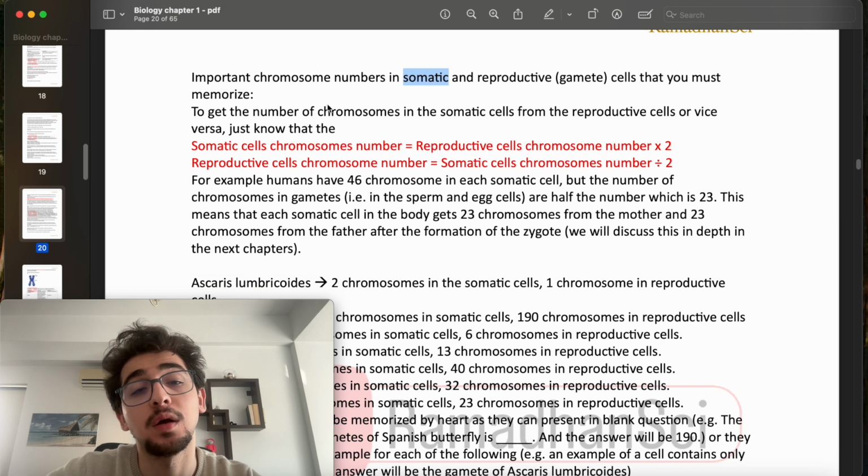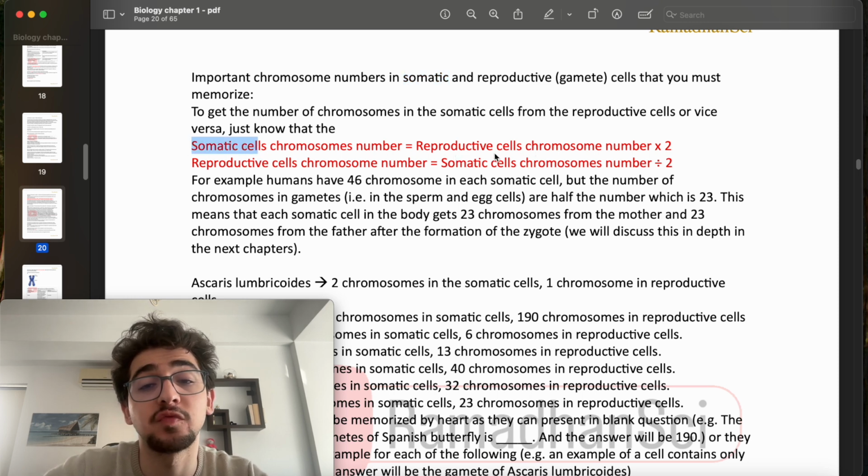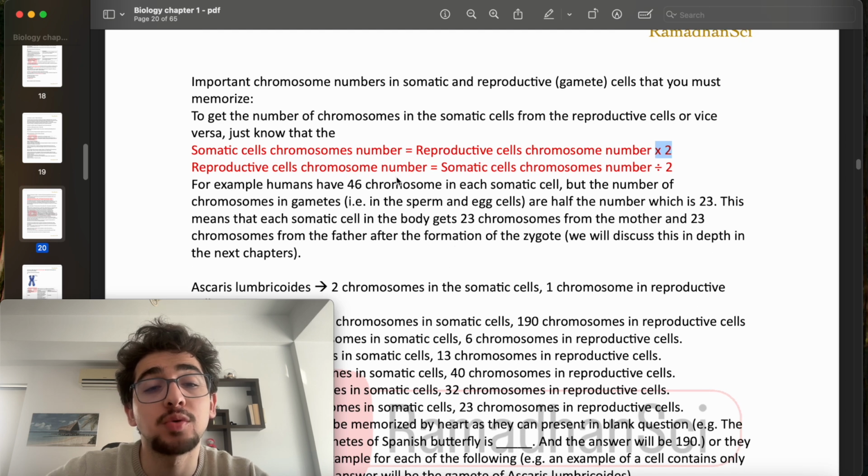So if you want to extract the number of chromosomes of the somatic cell from the number of chromosomes of the reproductive cell, just multiply it by 2. And if you want to extract the number of chromosomes of the reproductive cells from the number of chromosomes of the somatic cells, you will just divide it by 2.